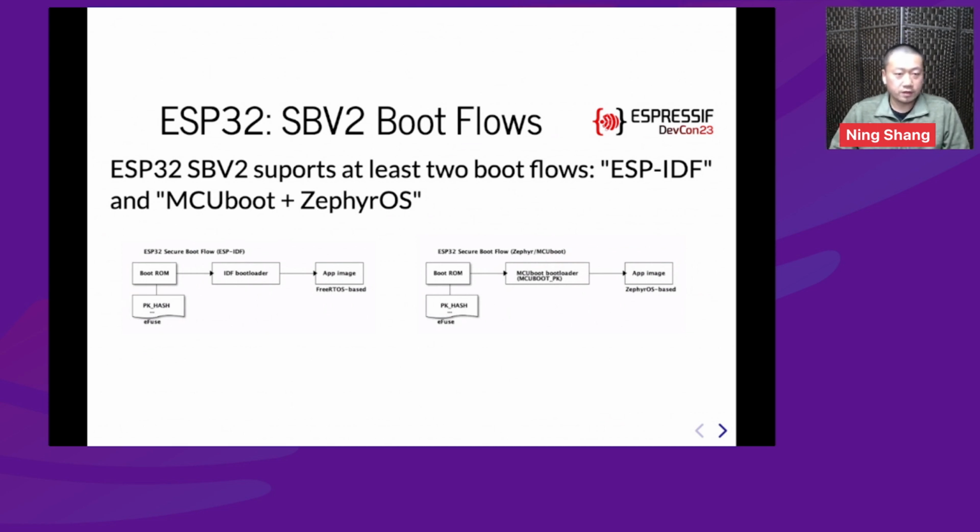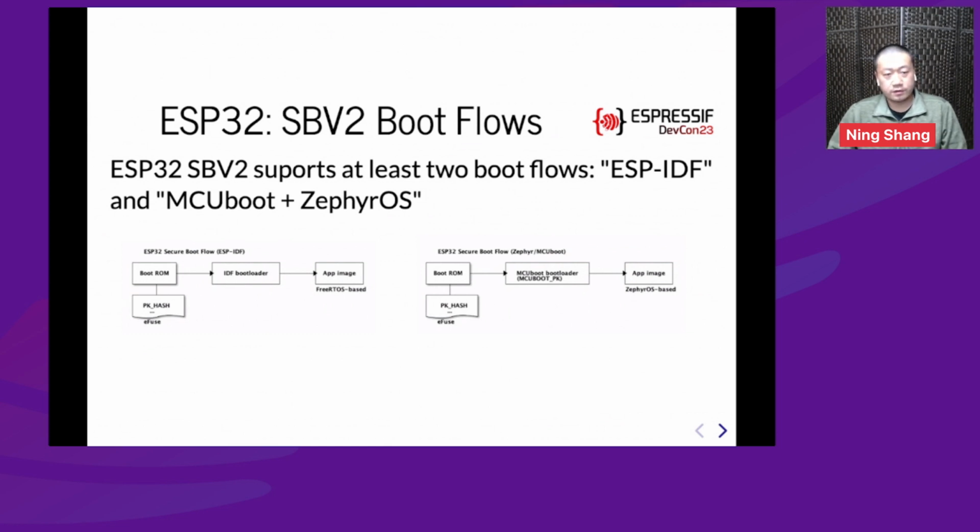In terms of Secure Boot, there are some differences in implementation. In the ESP-IDF case, the boot ROM verifies the IDF bootloader using a public key hash burned into eFuse. And the IDF bootloader will verify the FreeRTOS-based app image also using the public key hash burned into eFuse.